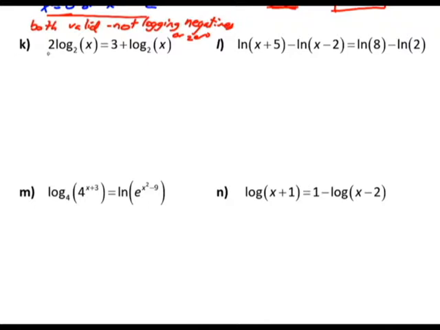Example K presents us with a problem. We have a constant, a 3, along with log base 2 of x, and they're being added. We have no way of combining these.